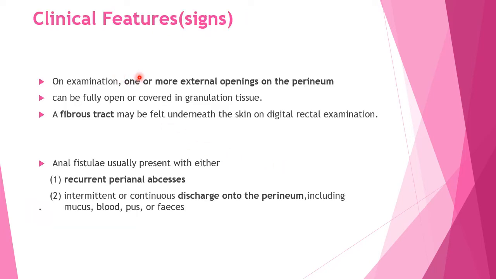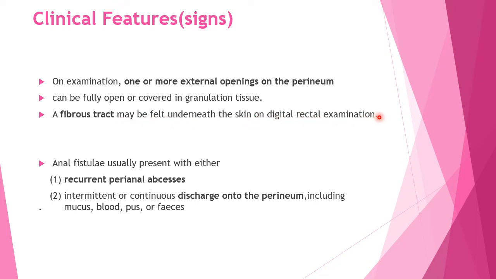On examination, one or more external openings may be seen on the perineum around the perianal region. Normally, it can be fully open or covered with granulation tissue, hiding its opening. A fibrous tract may be felt underneath the skin on digital examination.